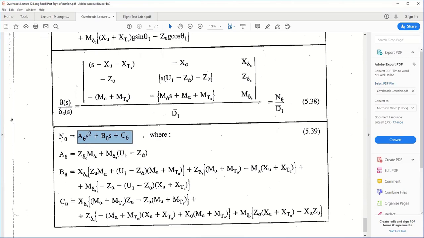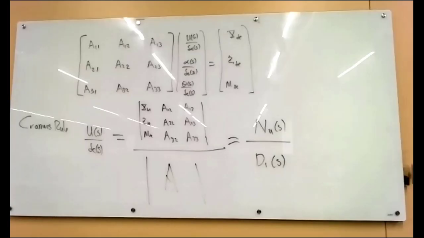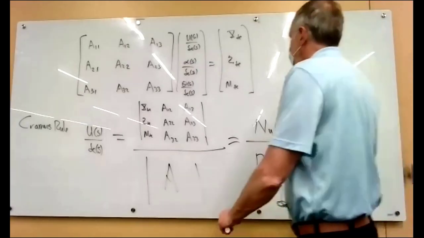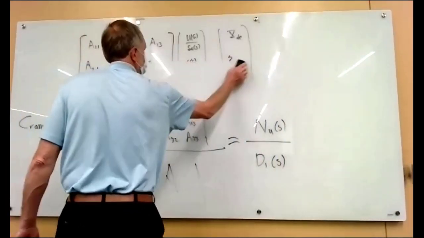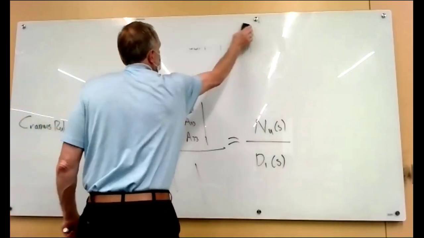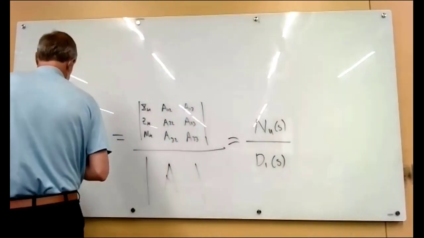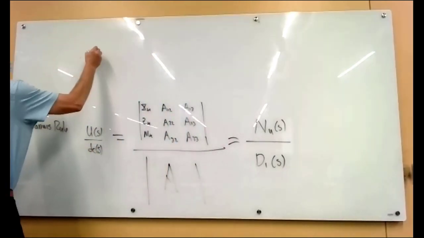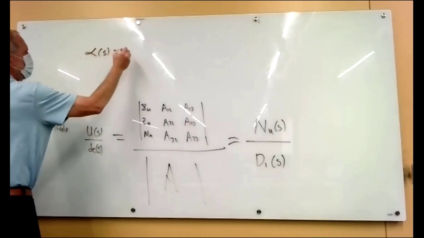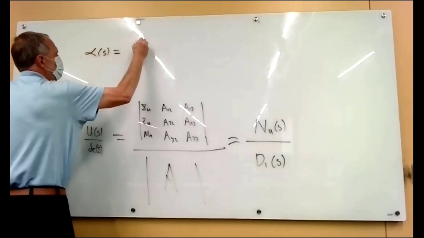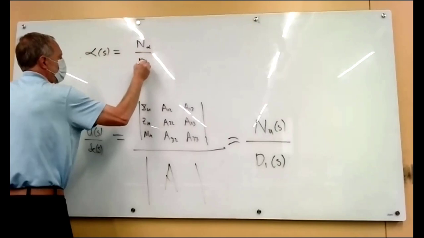Now, if you really want to calculate an input to output relationship, you can do that, just like any of the systems we talked about last time. If we have, say, the alpha of S transfer function, we got the numerator and the denominator.